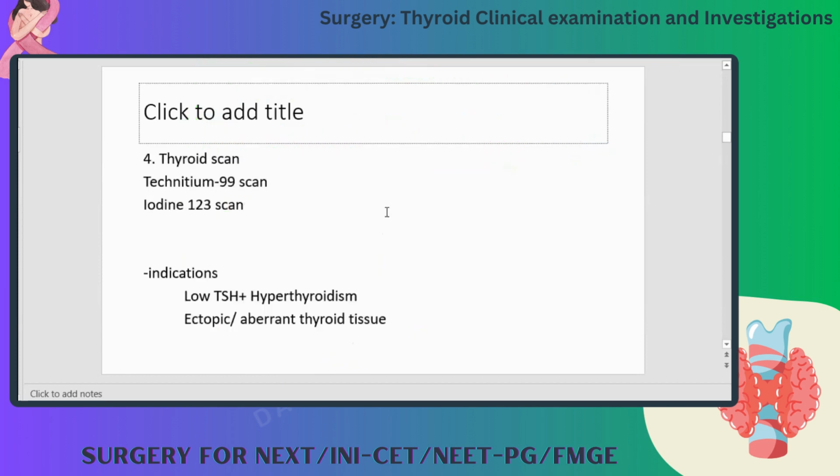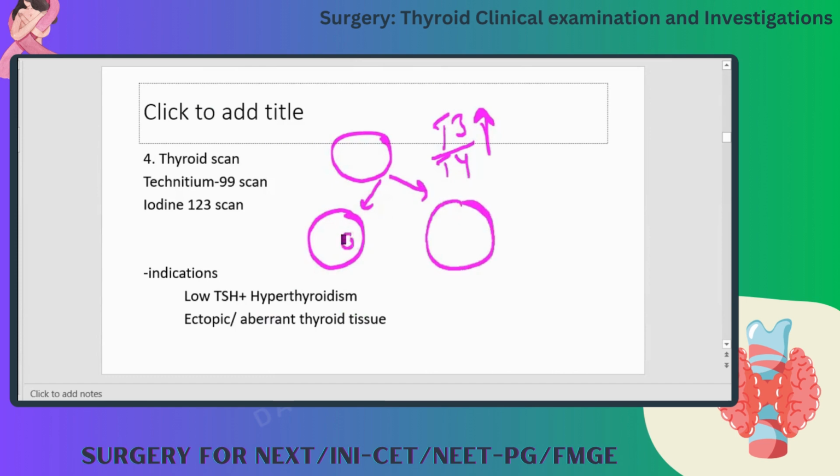Okay. Then coming to the thyroid scan. I told you about the thyroid scan. Why thyroid scan? See, this is the thyroid gland and the person is having increased T3, T4. Listen carefully, this may be of 2 reasons. One is a nodule may be there and it alone secretes T3, T4, the rest of the gland is normal.